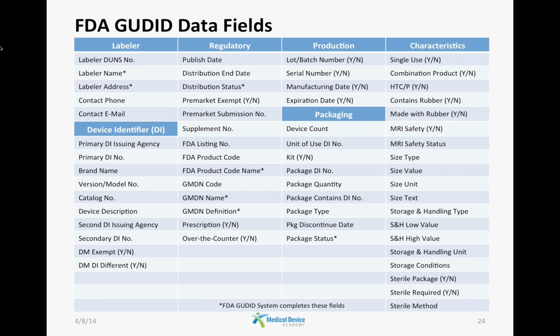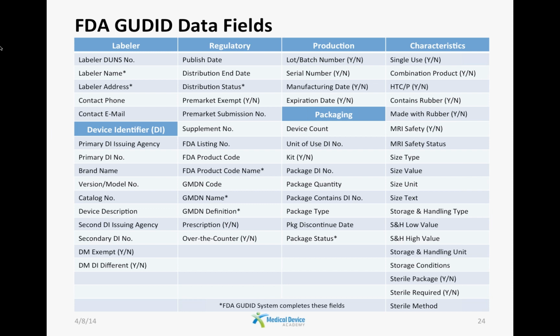Examples of business rules are: all required data elements must be provided, validating specific elements such as the FDA listing number, etc. Data constraints on specified elements, published date must always be greater than or equal to today, and others. Also, the device identifier can never be reused, even if it's discontinued. It will remain in GUDID, but marked as not in commercial distribution.